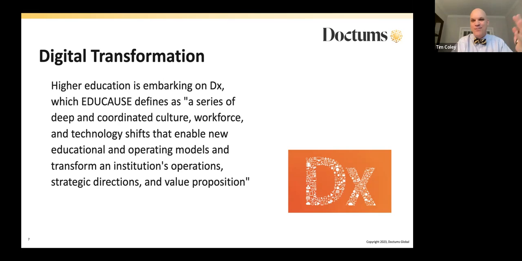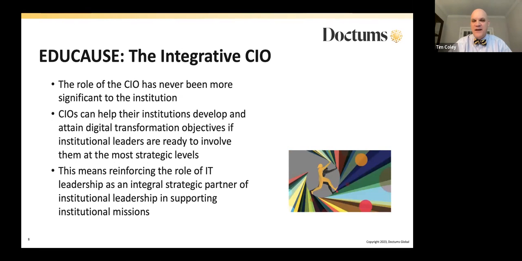And then kind of the other bookend, if you will, to digital transformation is thinking about the integrative CIO. And this is one that I think many of us were thinking about, the role of the CIO and being a strategic leader, getting on the cabinet, those kinds of things. And EDUCAUSE came in with this label of the integrative CIO, which I think is fine.